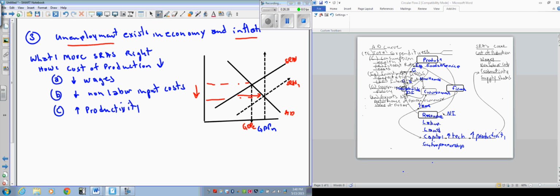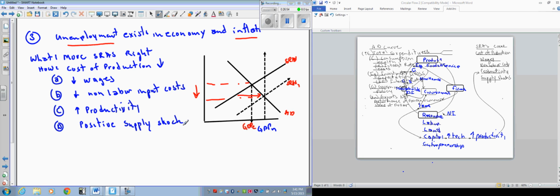Now, the next thing is a positive supply shock. Now, usually this is out of the realm of something that man can do.